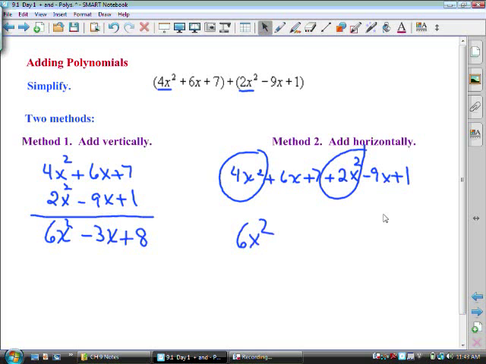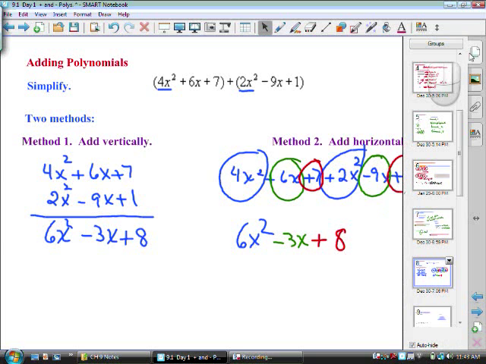And then I would combine the plus 6x plus negative 9x is a negative 3x. You could think of it that way. And the constants get combined. 7 and 1 make 8. So plus 8. I get the same answer doing it either way. So whichever way makes best sense to you.